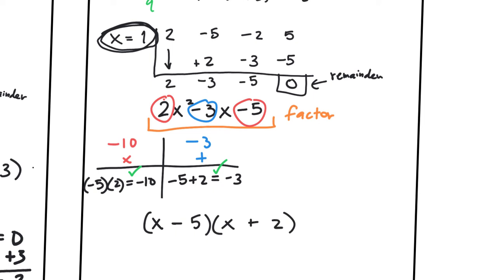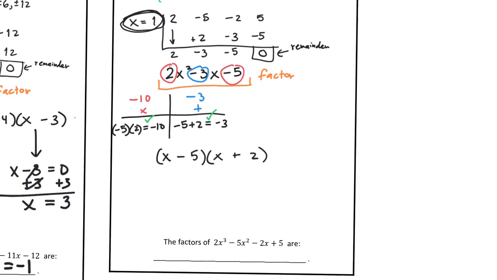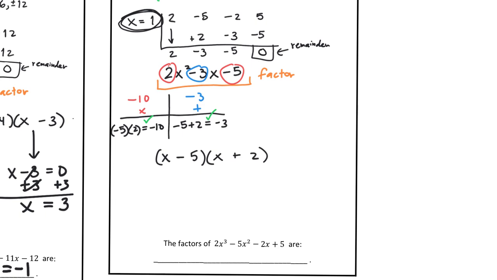Okay, so I got x minus 5, x plus 2. So those are what it's asking me for at the bottom here. So my factors are x minus 5 and x plus 2.